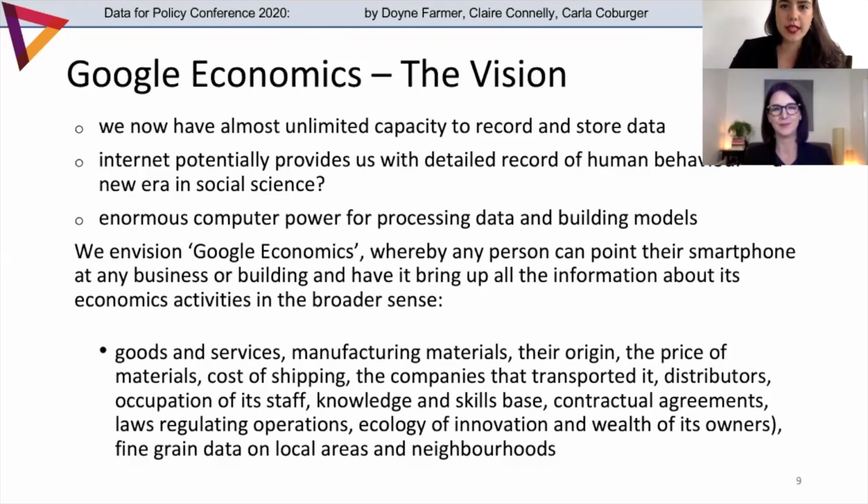Our vision of Google Economics is creating an environment where any person can theoretically point their smartphone at any business or building and have it bring up all information about its economic activities.